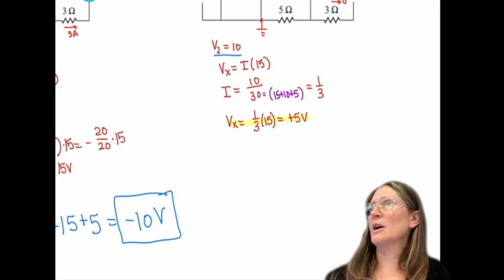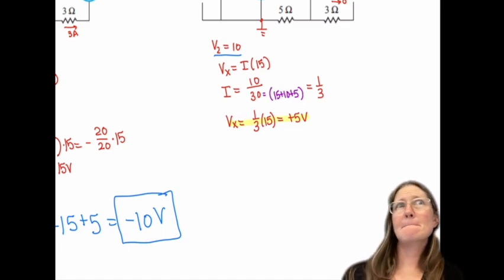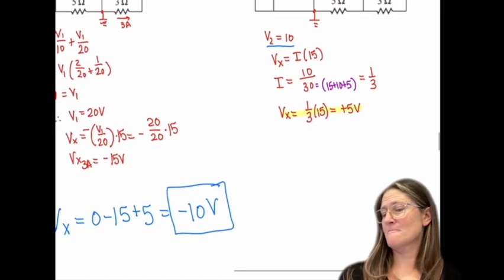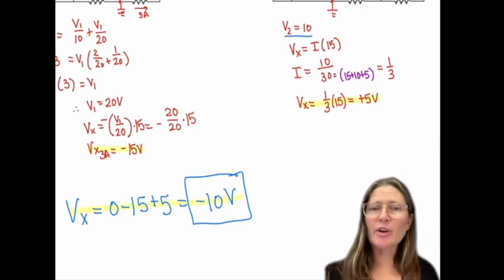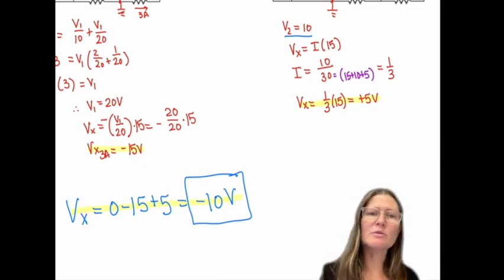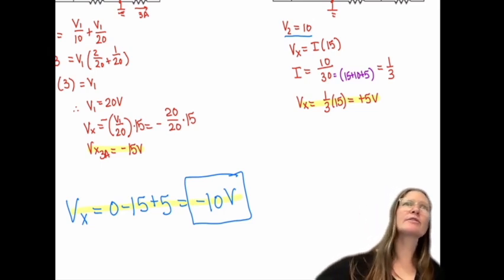All right, question about this solution? Okay. So summing all those together, your end answer would be that Vx is equal to a negative 10 volts. What would be another way of checking if this answer was correct?